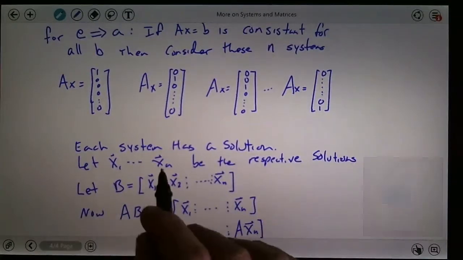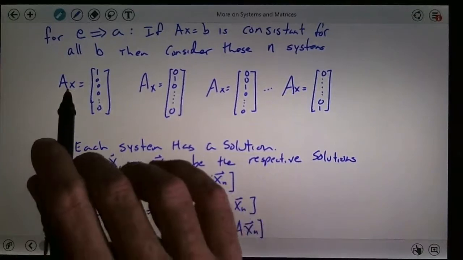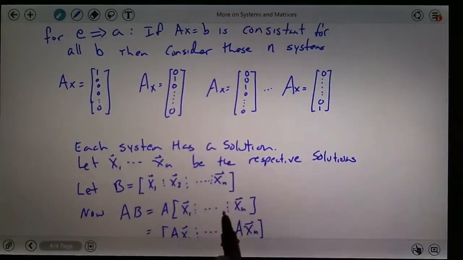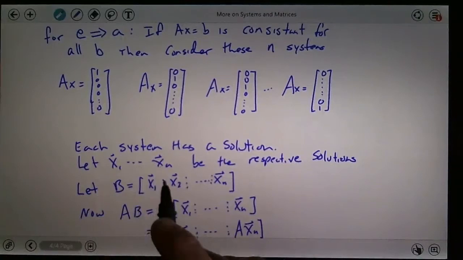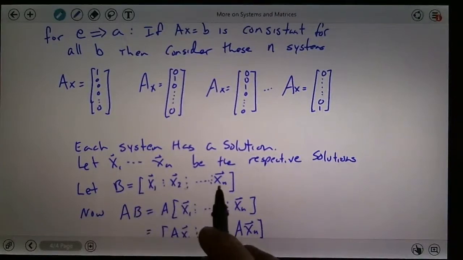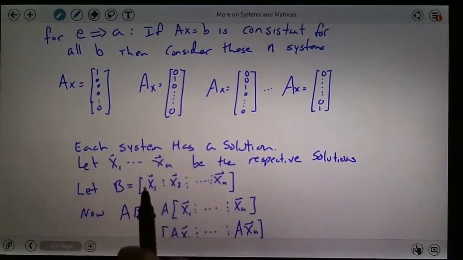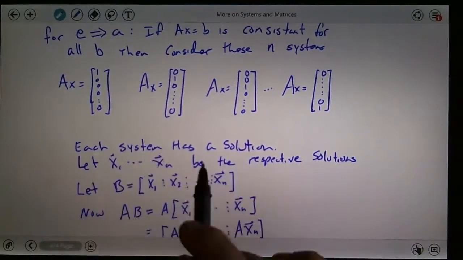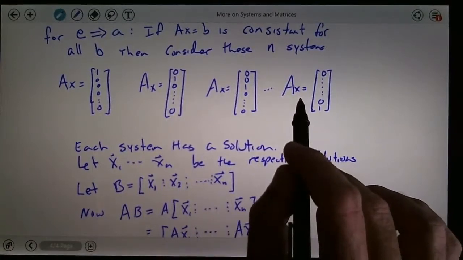So I've got n different n by 1 matrices, which are the solutions to these n systems. Now I'm going to make a matrix by taking these n column matrices and putting them all into one matrix. So the first column was the solution to this system, the second column is the solution of that system, and so on down to the last column being the solution to that last system.